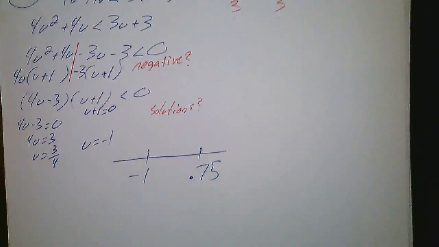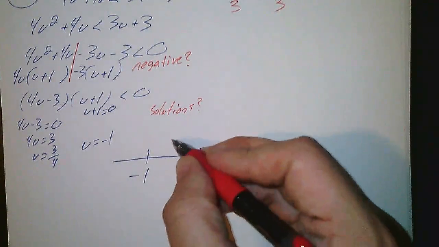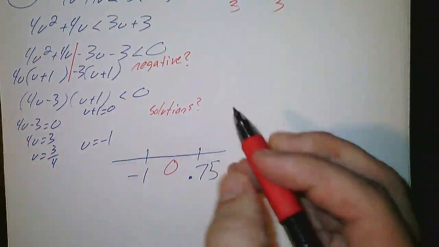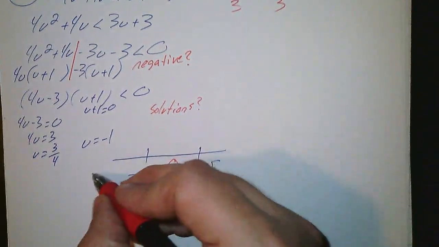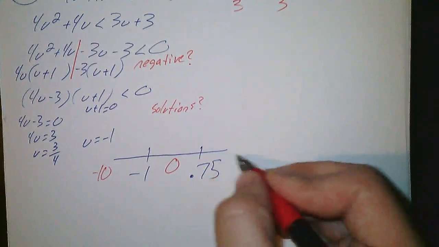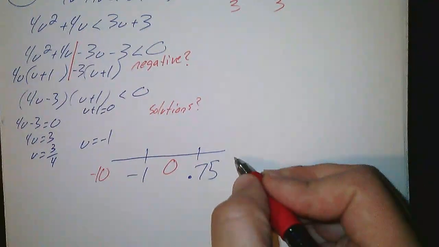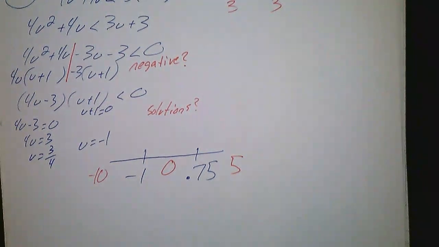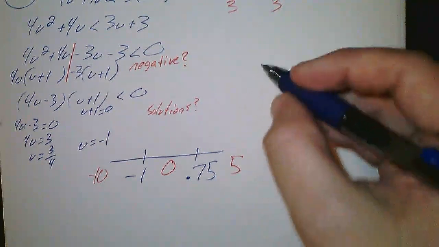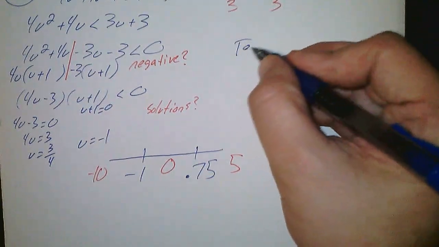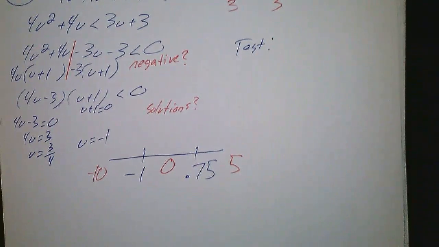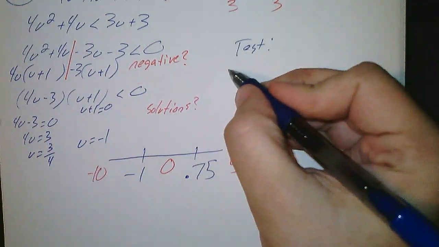So what are the test regions? We can test 0, anything to the left of -1, like -10, anything to the right of 0.75, so we could use 1, we could use 5, whatever. If we're using the test method, it's easiest to plug this into the factored form.